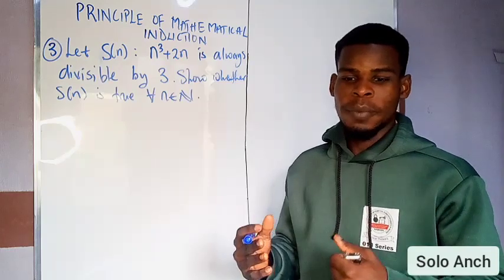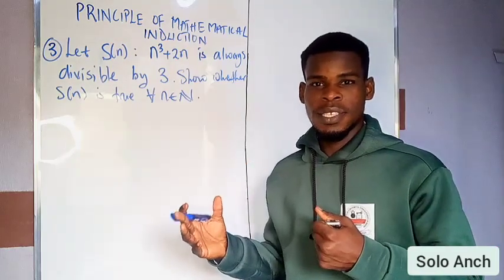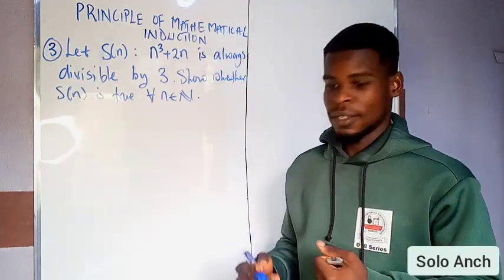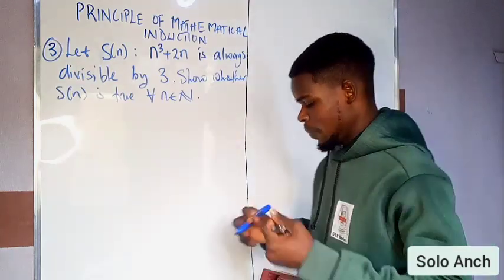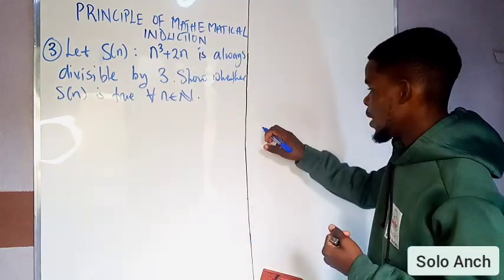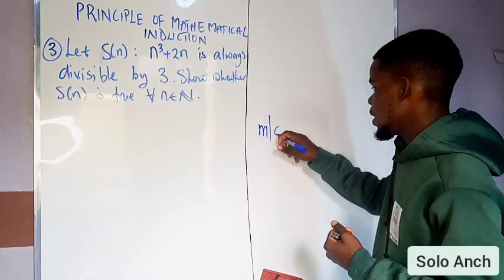Alright? So a number is said to be a multiple of 3 if 3 is a factor of that number. That is, if 3 divides that number without any remainder. Okay? So this is it. If we say a number a is divisible by m, it will mean m divides a.